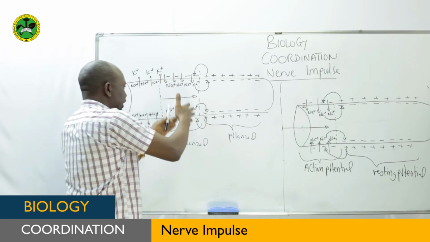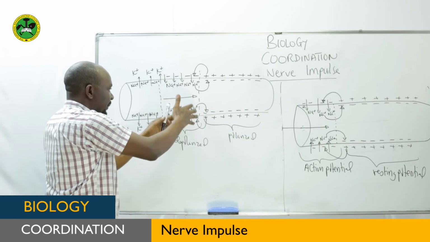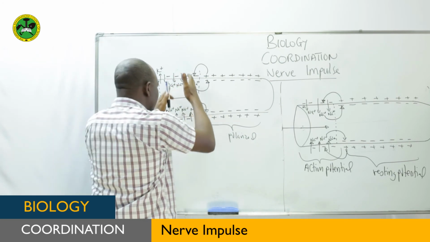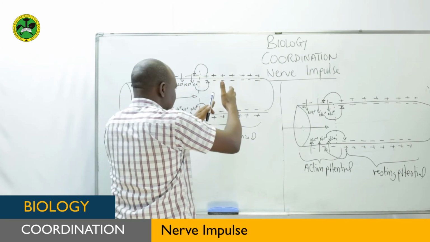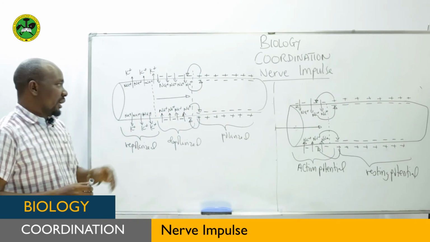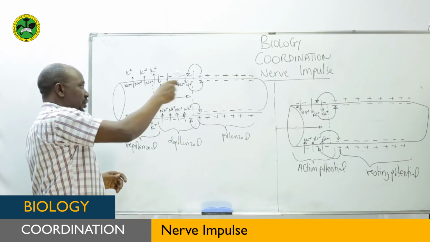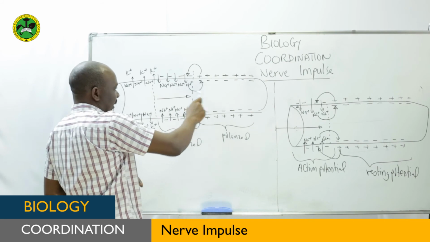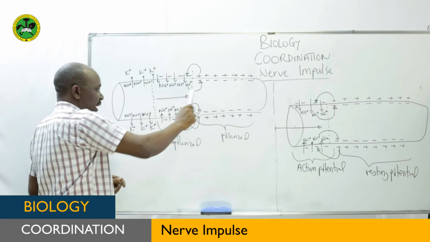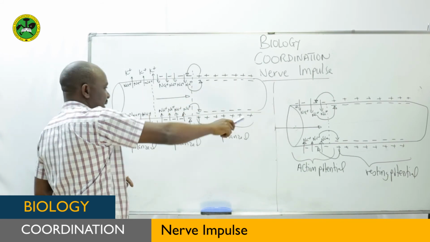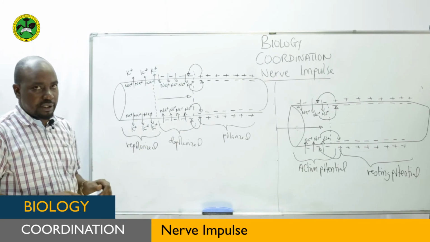Then the action potential, or the nerve impulse, will move from this part and run to the next. This will continue. When the action potential reaches here, then another local circuit is created.